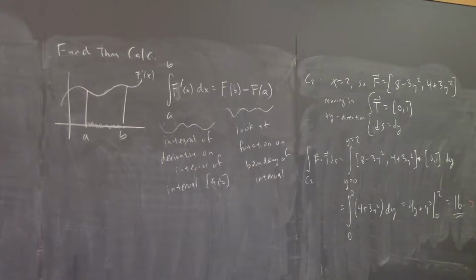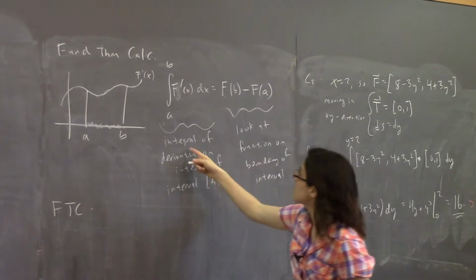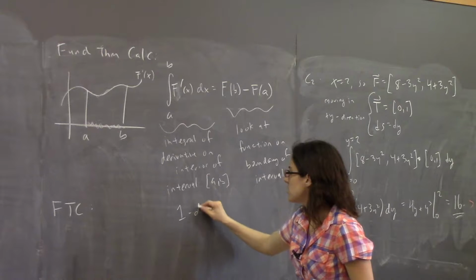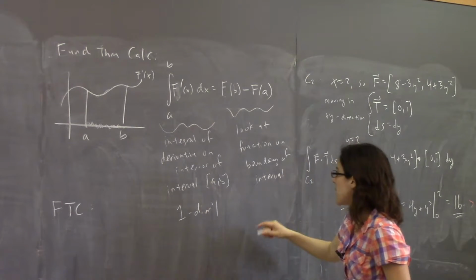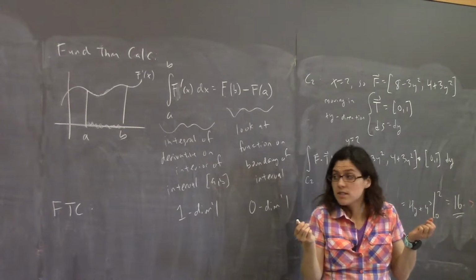Green's theorem is saying you want to know something about the derivative of the function on the interior? Oh, well, you should look at the function itself on the boundary. So the fundamental theorem of calculus relates something one-dimensional to the boundary, which is zero-dimensional, because points are zero-dimensional.